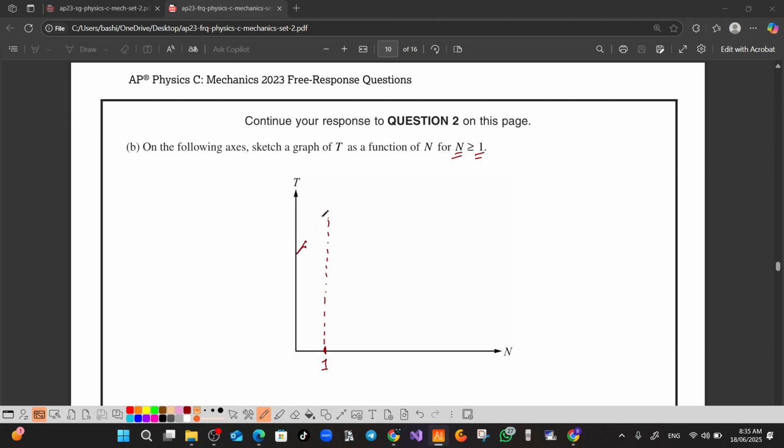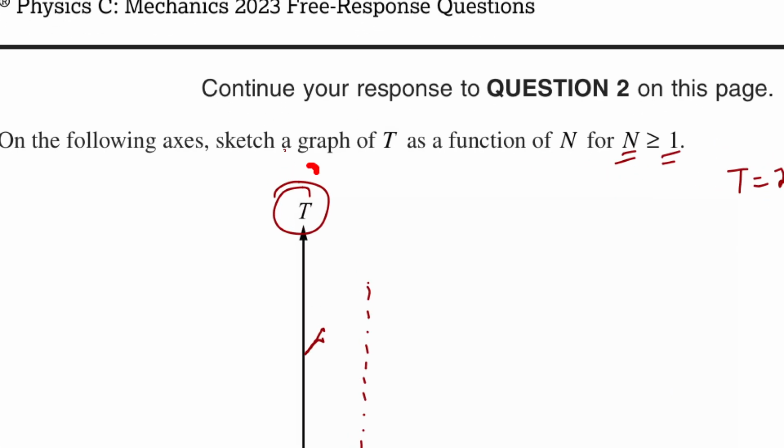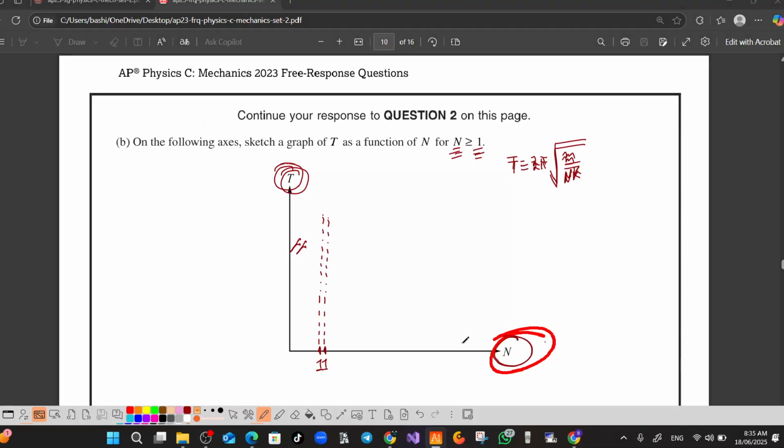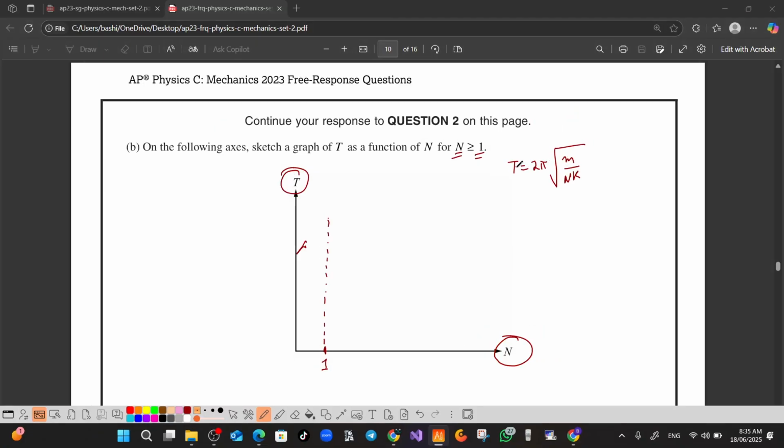This sketch will allow me to indicate the behavior of the period as the number of springs increases. Now let's get back to the equation that we have derived. T is equal to 2 pi radical M over n k. The sketch represents the variation of the period in terms of n. So we can rearrange this equation such that the n is completely isolated from this fraction.